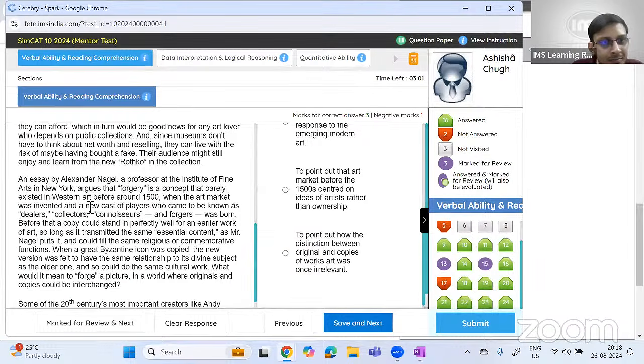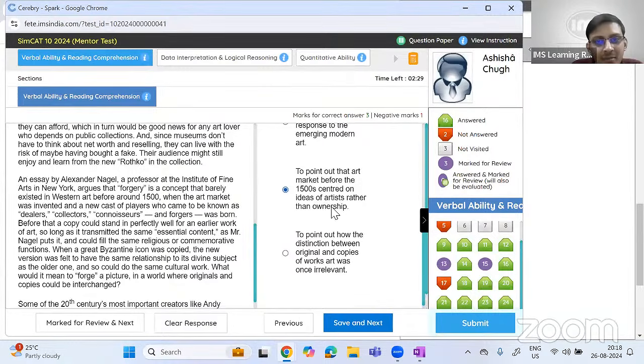Concept barely existed. Copy could stand perfectly well when an earlier work transmitted the same essential content. Icon was copied, new version, same relationship. So it seems to be centered on ideas, not about even copies having the same thing. Point out distinction between original and copies. That is also what is included in the third one.